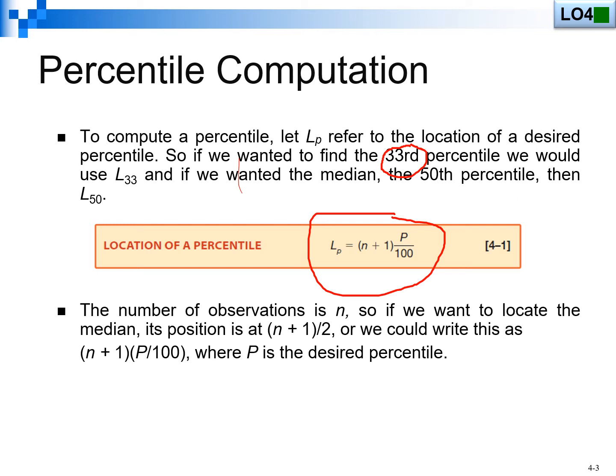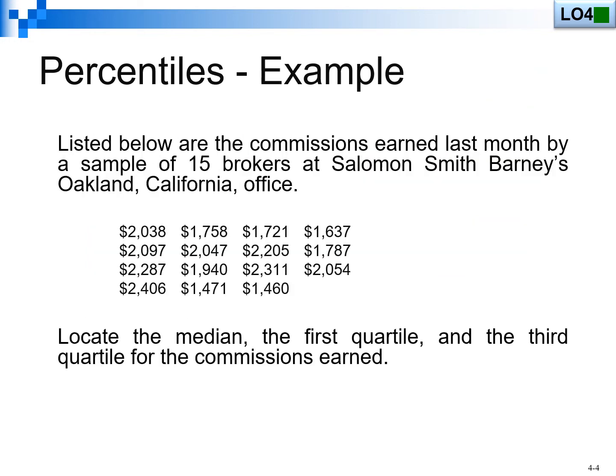Let's say we had a sample size of n equal to 20. The way we would plug it into the formula would be like this: 20 plus 1, multiply that by 33 over 100, and that's going to give us what they call a location. In a moment, I'll show you how you count, but the basic idea is this is the formula we're going to be using for the percentiles.